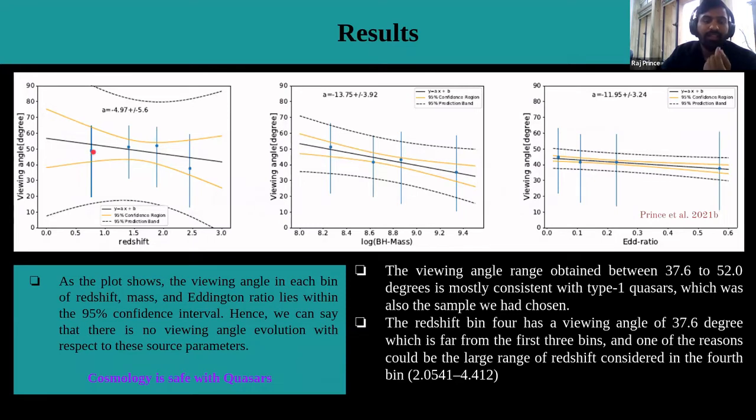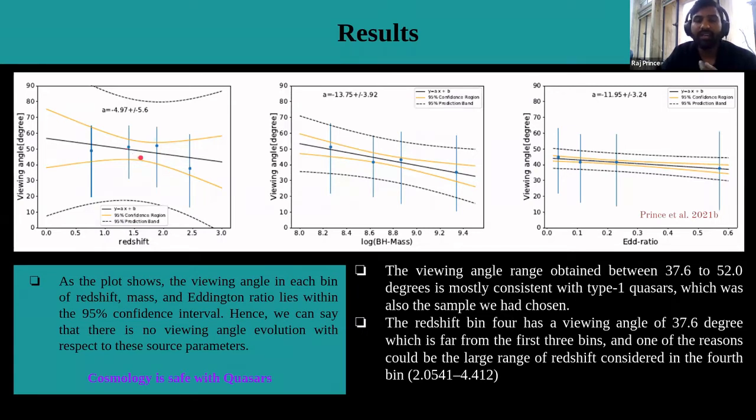In the result we have very large error bars, and if we make a 95% confidence interval for this plot, we see that all the data points, all the viewing angles at different redshift, are within this 95% confidence interval. So with that result, we can say that in the observational data, there is no trend with the viewing angle. If there is no trend with the viewing angle, then we can use these sources for a cosmological purpose.